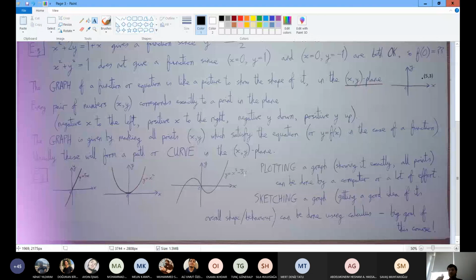But after we know differentiation and extreme values and all these curve sketching things, then you'll be able to see this function and do a few quick calculations and draw this graph. So that's something to look forward to in the future, understanding how to show functions and equations by pictures.